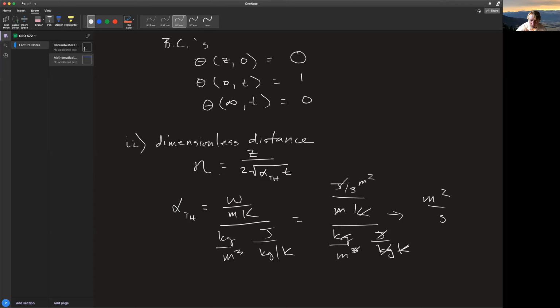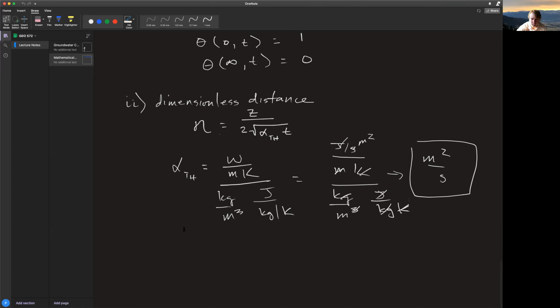That is the unit of thermal diffusivity. Okay, so what is this thing now? Well, now the unit of alpha th times time is meters squared per second times time in seconds.